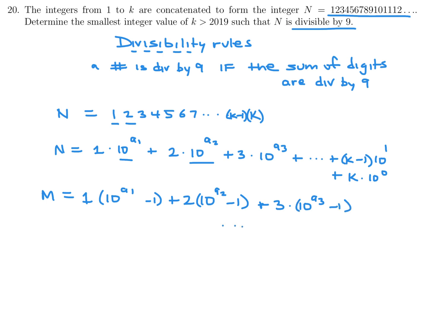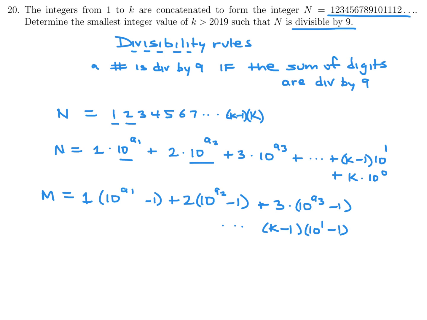You get the point. Eventually k minus 1 times 10 to the power of 1 minus 1. I'll stop there, because the last one, 10 to the power of 0, is just 1, so if I subtract 1 from it, it'll be 0. I'll just leave it at that.